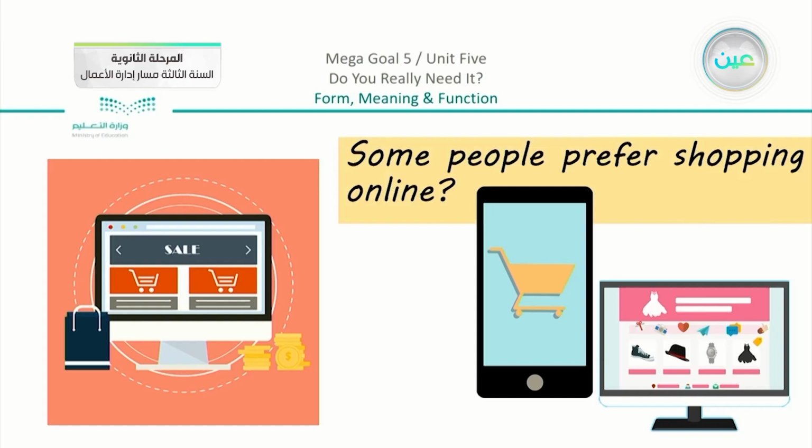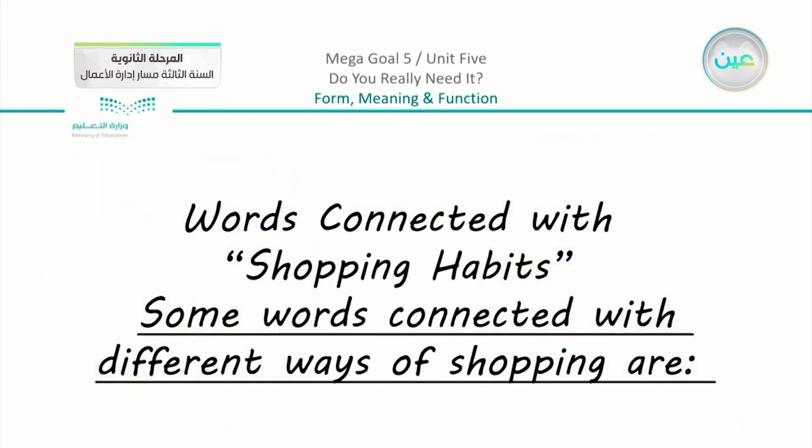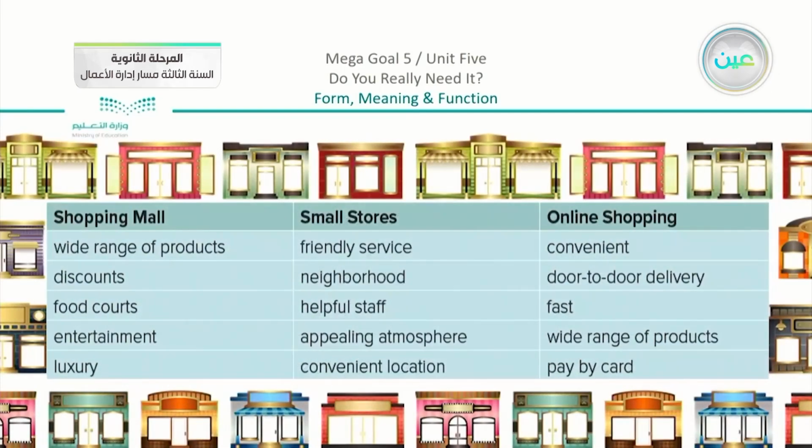Do you agree? Now we have here the three types. There are actually words connected with shopping habits. Some words connected with different ways of shopping are: shopping mall, which is connected to a wide range of products, discounts, food courts, entertainment and luxury.